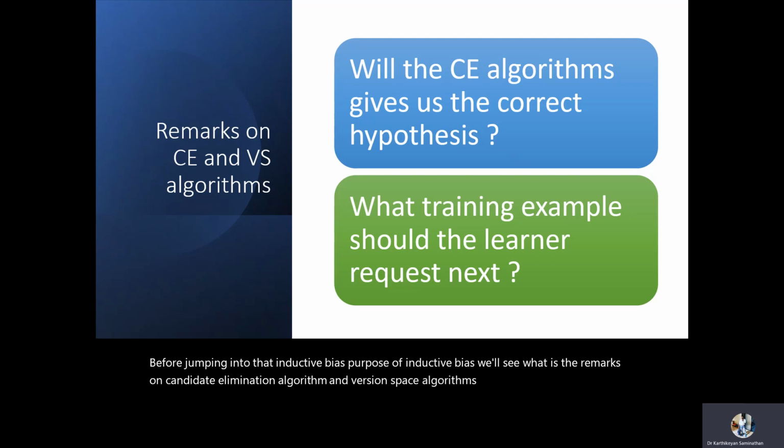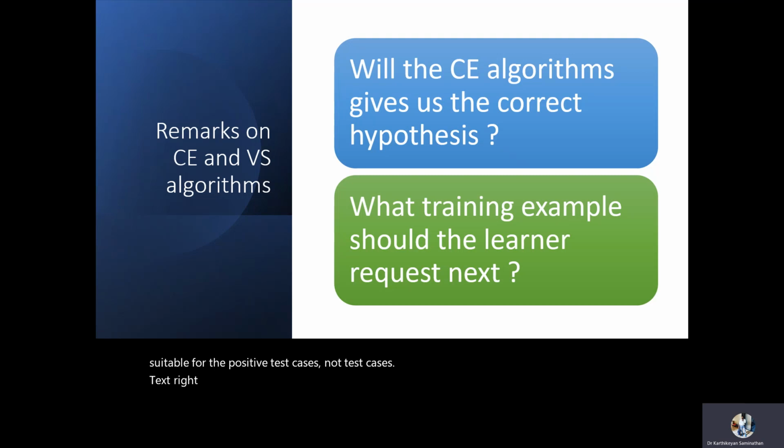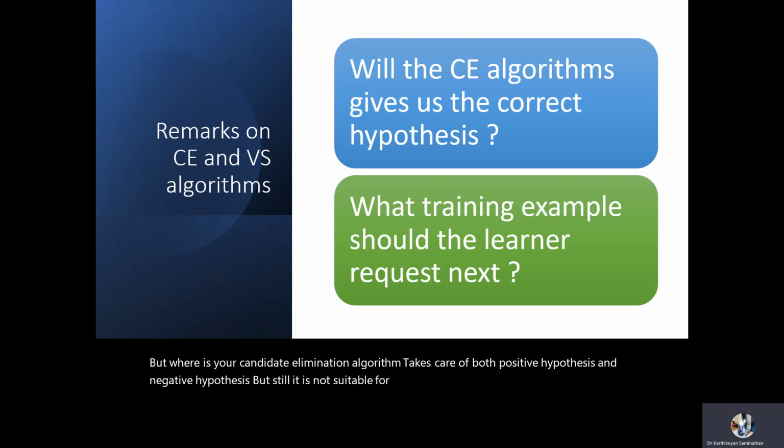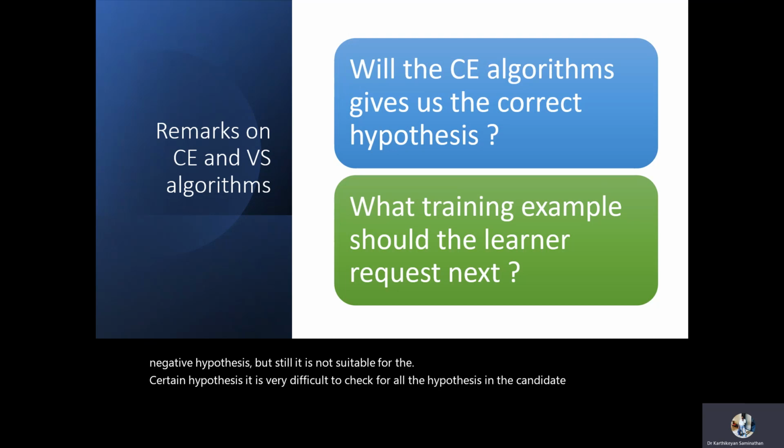There are certain questions that are not answered in the candidate elimination and version space and Find-S algorithms. Find-S may not be suitable for negative examples, only for positive examples. Whereas the candidate elimination algorithm takes care of both positive and negative hypotheses, but it is still not suitable for certain hypotheses. It is very difficult to check all the hypotheses in the candidate elimination algorithm, right?